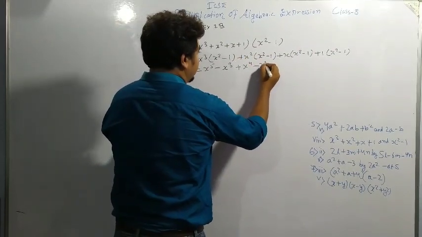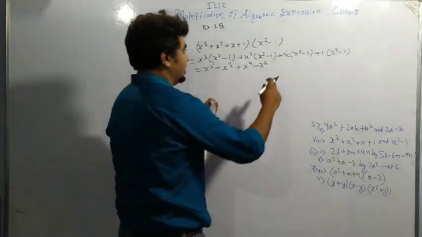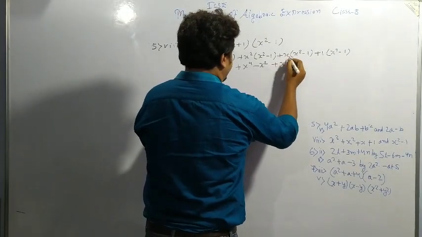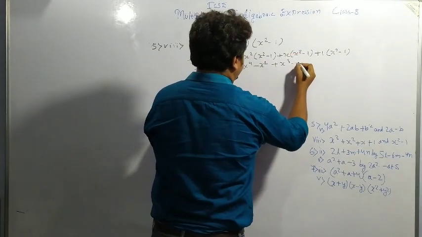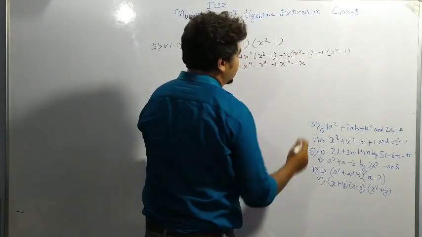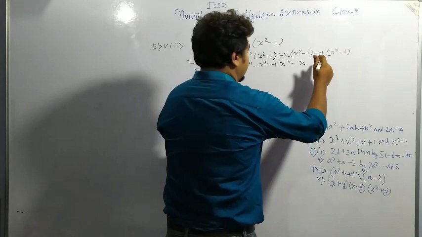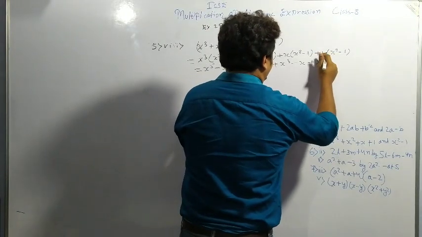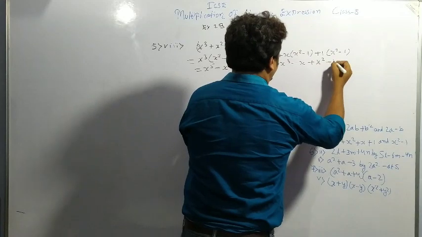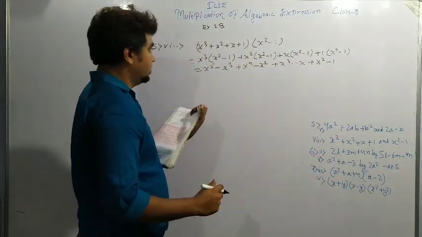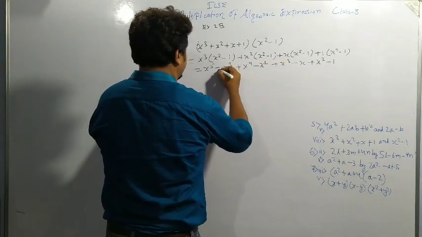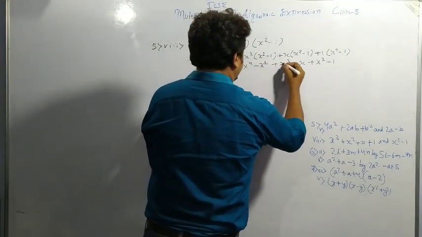So minus x square, and then again x cube. Then x into minus 1 is minus x, plus 1 into x square is x square, 1 into minus 1 is minus 1. So some terms are getting cancelled. Plus x cube minus x cube will be cancelled.